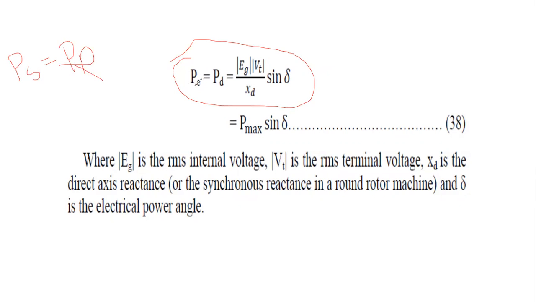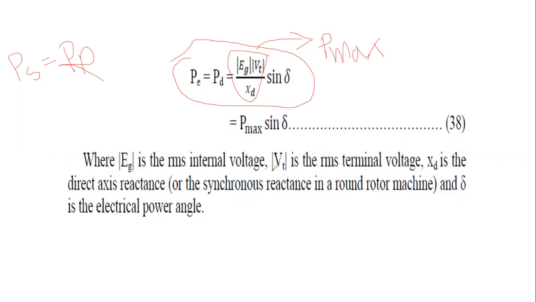Therefore P is equal to Pd, that is Eg Vt by Xd sin delta. In this equation, Eg Vt by Xd is equal to the maximum power, Pmax. Therefore P is equal to Pmax into sin delta.